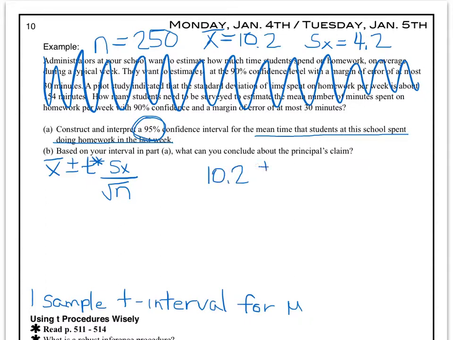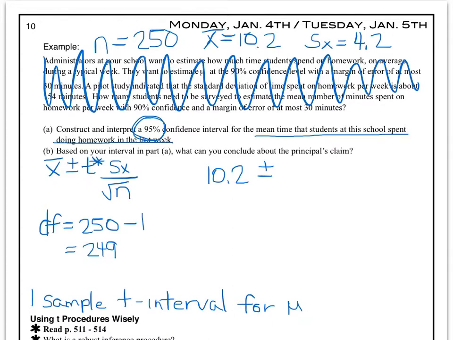10.2 plus or minus, okay, I need to find the t-star value. So I need to say that my degrees of freedom is 250 minus 1, which is 249. And then I need to either use the calculator or I need to use table B. I prefer the calculator.